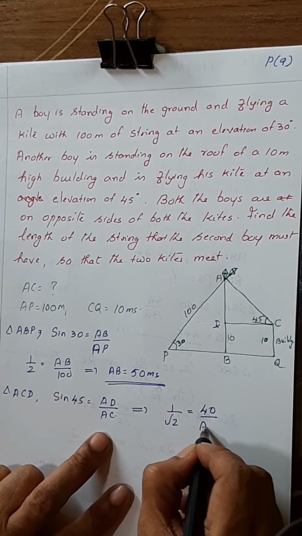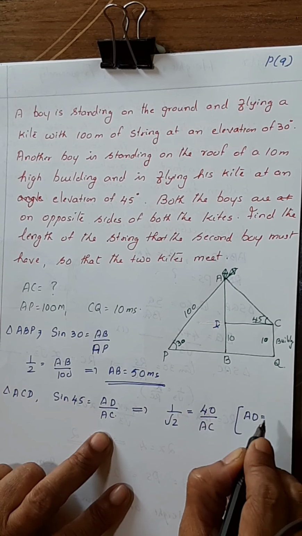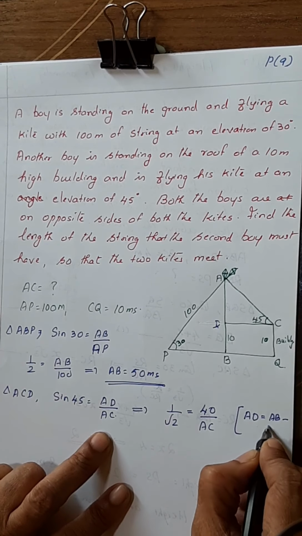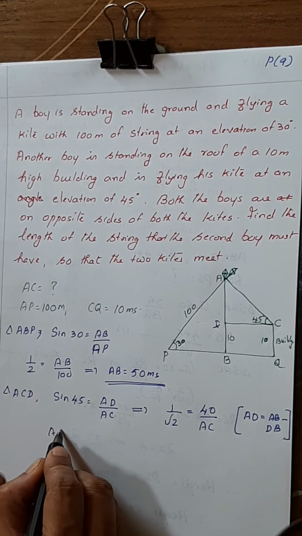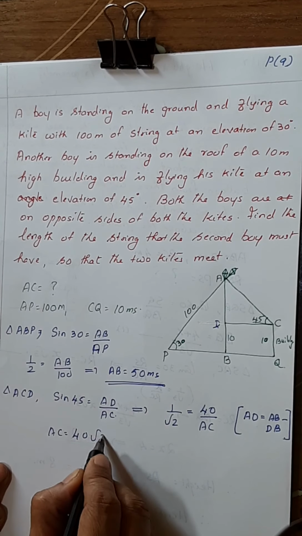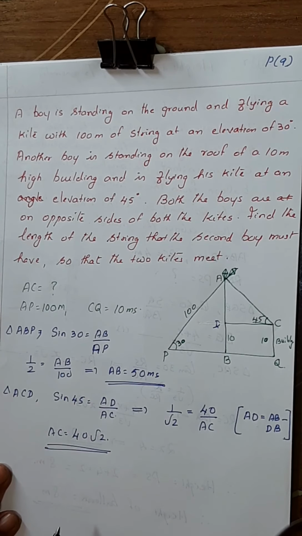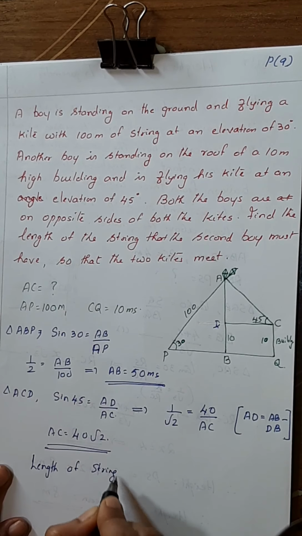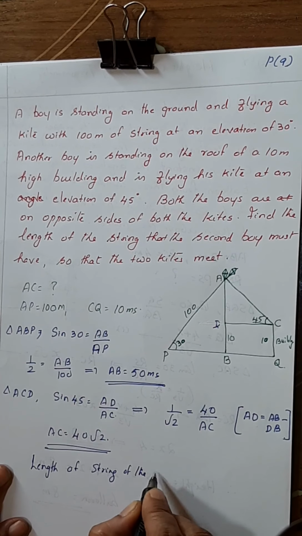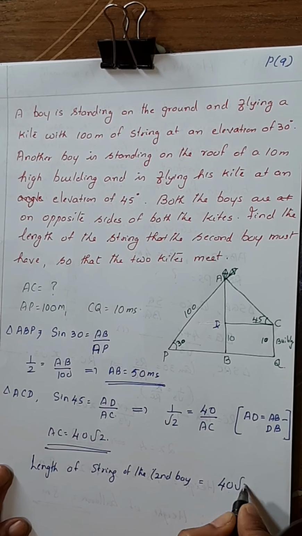So we can write down here AD is equal to AB minus DB. So AC is equal to 40 root 2. So that is the length of the string the other boy must have, of the second boy, 40 root 2 meters.